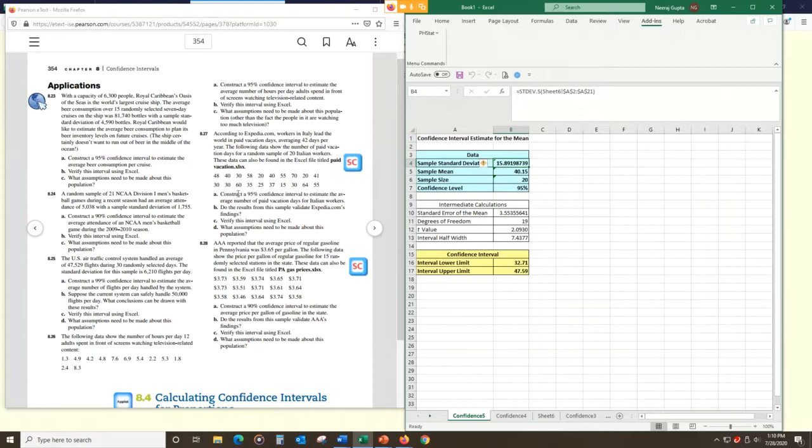What assumptions do you need? What was the sample size? 1, 2, 3, 4, 5, 6, 7, 8, 9, 10, 20. So sample size is 20, which is less than 30. So what assumptions do you need to make? The assumption is that the population is normally distributed. Now suppose I need to find the point estimate for this. The point estimate is the sample mean, which is this one, 40.15.